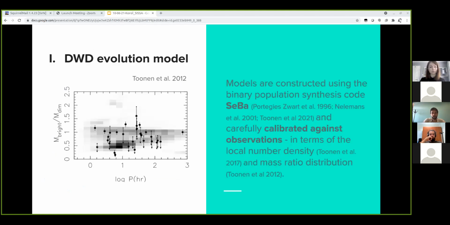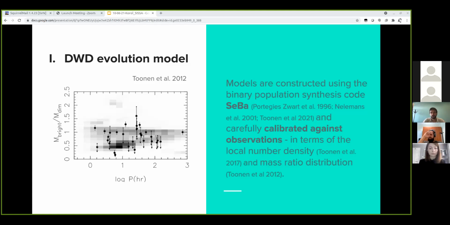The first of which is a double white dwarf binary evolution model. And in my work, I use models constructed by Silvia Toonen, based on the binary population synthesis code SeBa. And these models are carefully calibrated against observations in terms of the local number density, so the one observed in the solar neighborhood, and the mass ratio distribution, in the plot you can see on the left.